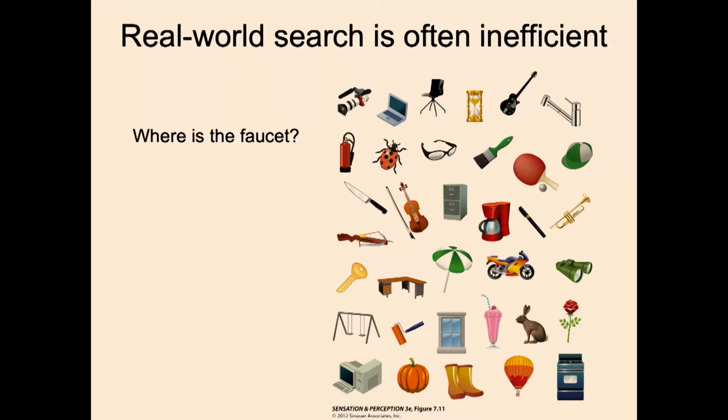And so then we noted that visual search in the real world is often inefficient because a lot of the things that we in practice want to look for are kind of defined by combinations of elementary features. And so the study of visual search has got a lot of real world relevance, both in terms of stuff that we do on a daily basis, but also some very important tasks. For instance, finding abnormalities in a radiology image, right?